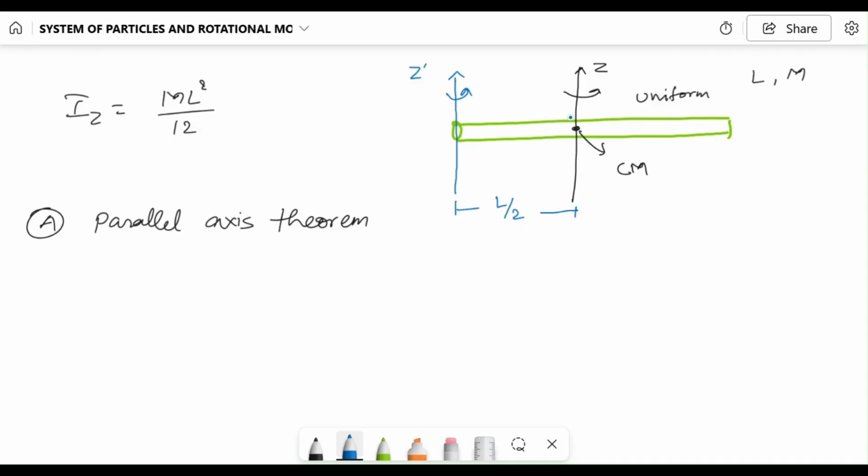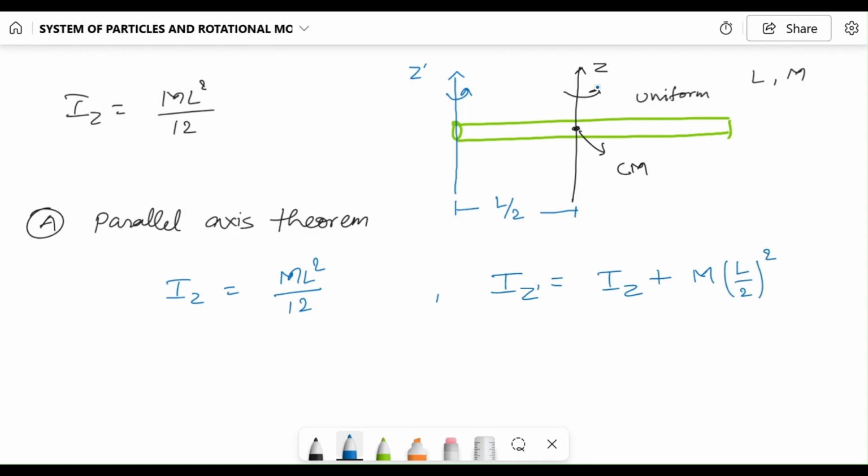So if we know the moment of inertia about an axis which is passing through its center of mass, that is Iz in this case, mL square by 12, we can find its moment of inertia about an axis which is parallel to this axis, at a distance of L by 2. This will be the sum of this moment of inertia and the mass times this distance squared.